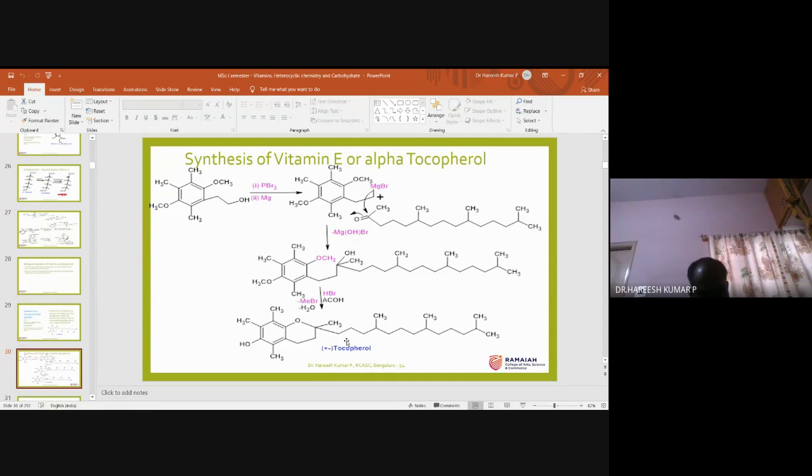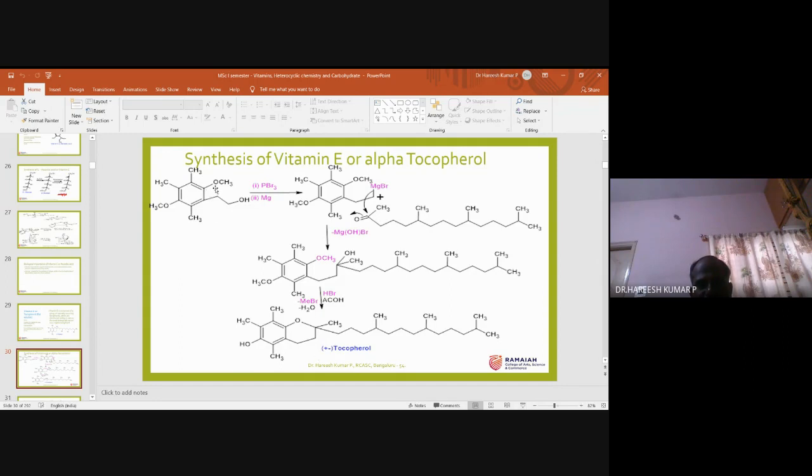This can be separated, and separation means resolution, to get a plus isomer or minus isomer. Here I am giving the synthesis up to the racemic mixture. So this is about the synthesis of tocopherol.